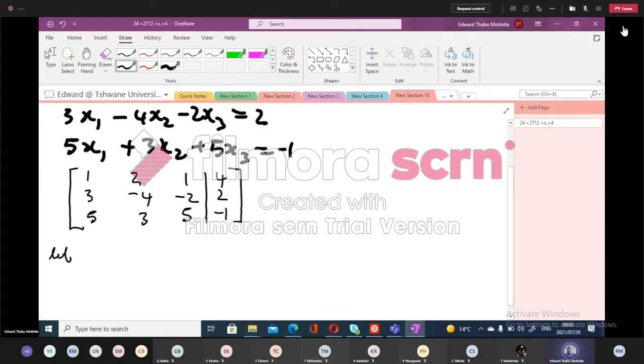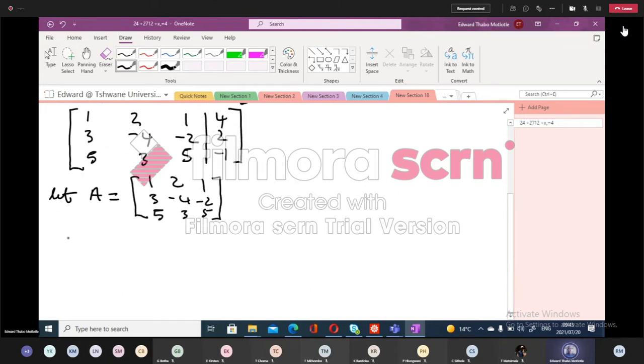Now we let A be equal to our coefficient matrix, which is 1, 2, 1, 3, minus 4, minus 2, 5, 3, 5. So this is our A. Now we determine the determinant of A. I think at this point you should know how to determine the determinant.